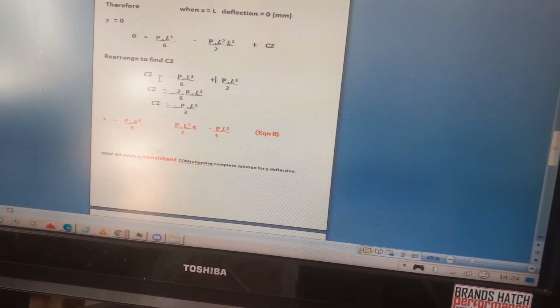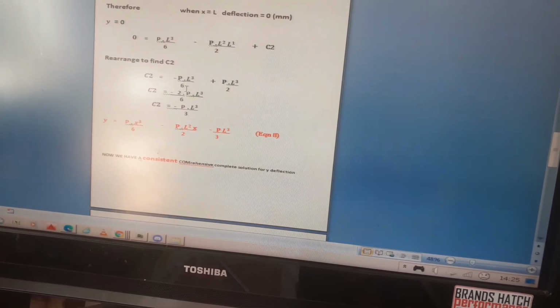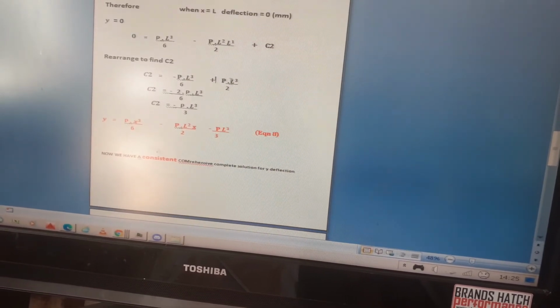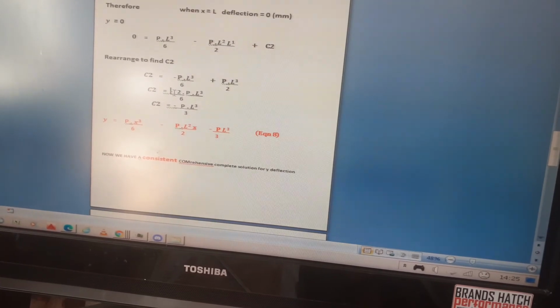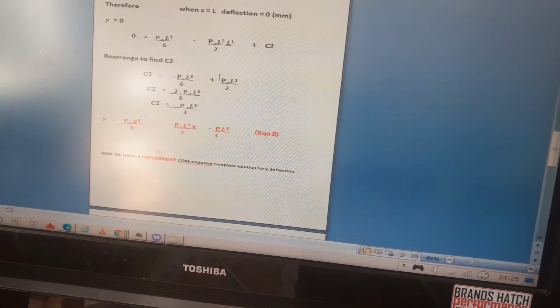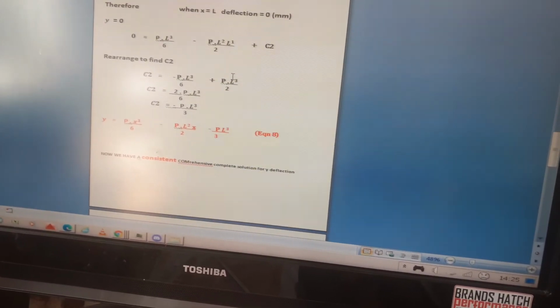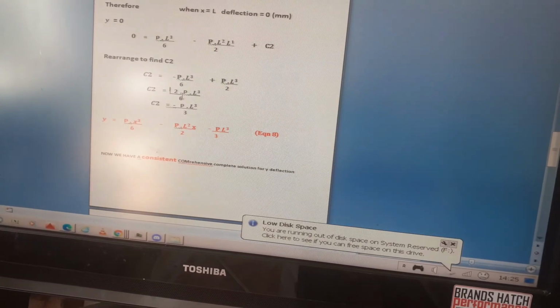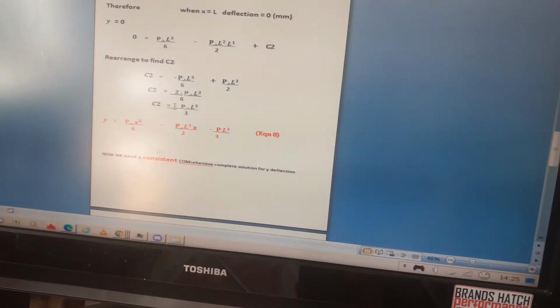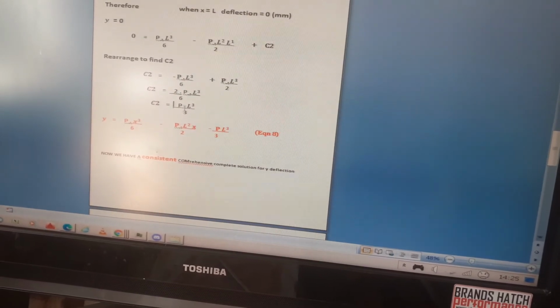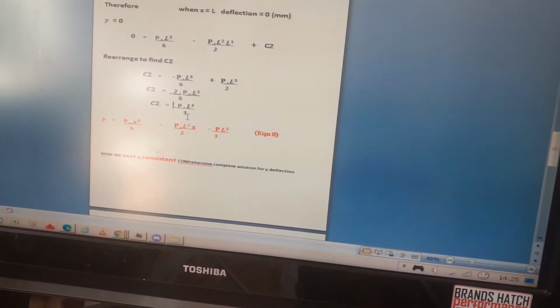So C2 equals minus PL cubed over 6 plus PL cubed over 2, so it's minus 1 over 6 plus a half, so that's plus 3 over 6. Minus 1 over 6 plus 3 over 6 is 2 over 6. 2 over 6 is equal to 1 over 3. C2 equals PL cubed over 3.